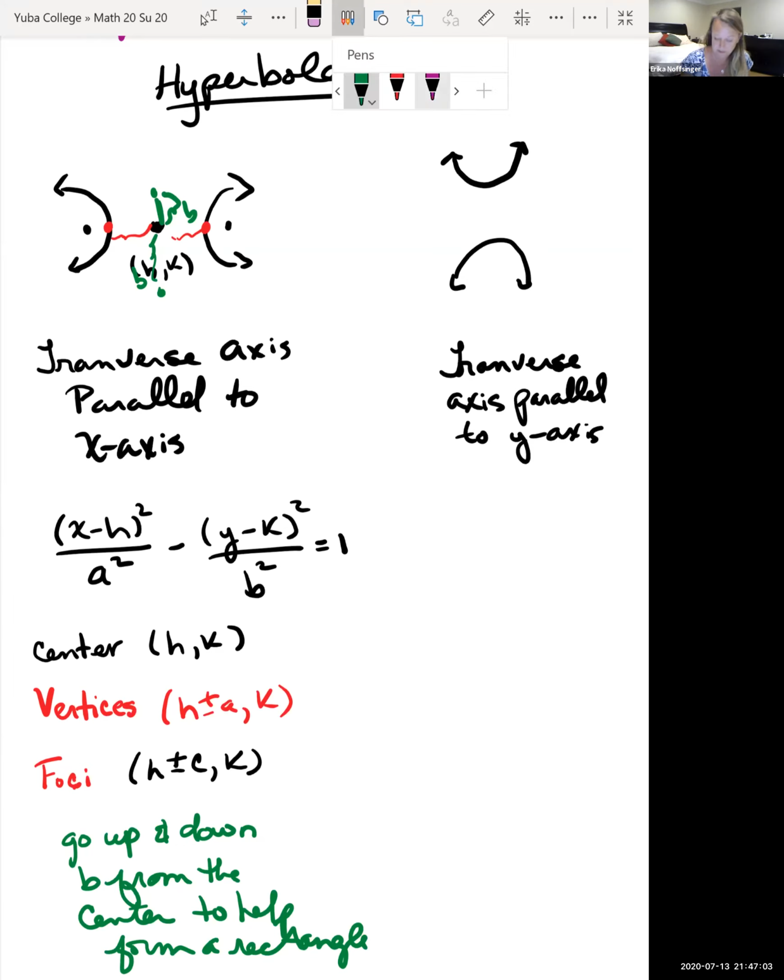So basically we want to go like this. And so once we formed our rectangle, we want to make diagonal lines going through the center and the corners of our rectangle.